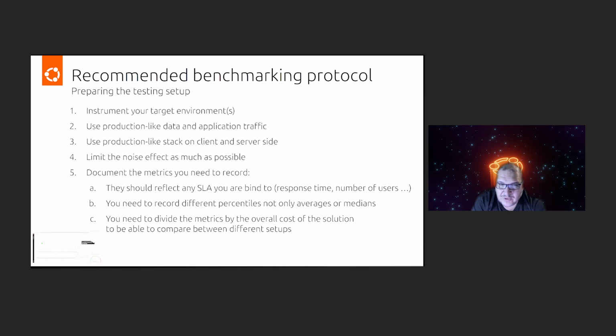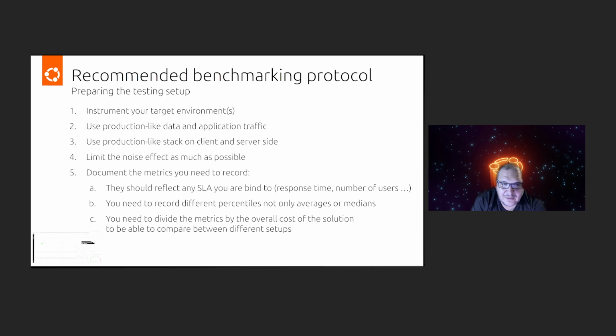You need as well to record different percentiles, not only average or medians, because it's one thing to say that you are able to provide a few milliseconds response time on average, and it's another thing to say that the best you can do is 10 or more seconds response time at the 90th percentile or even more.